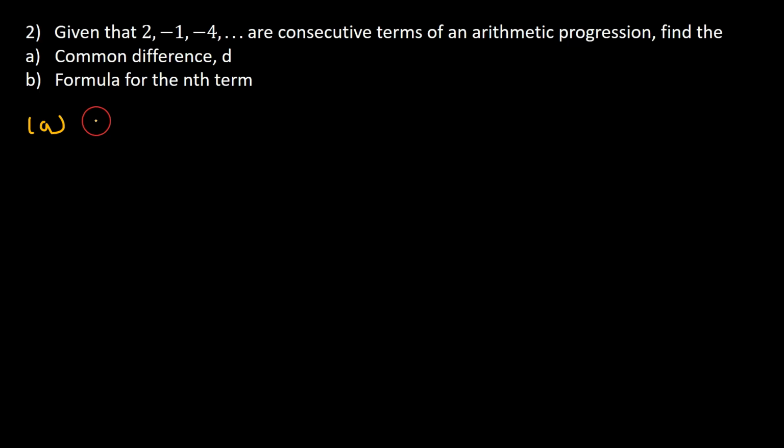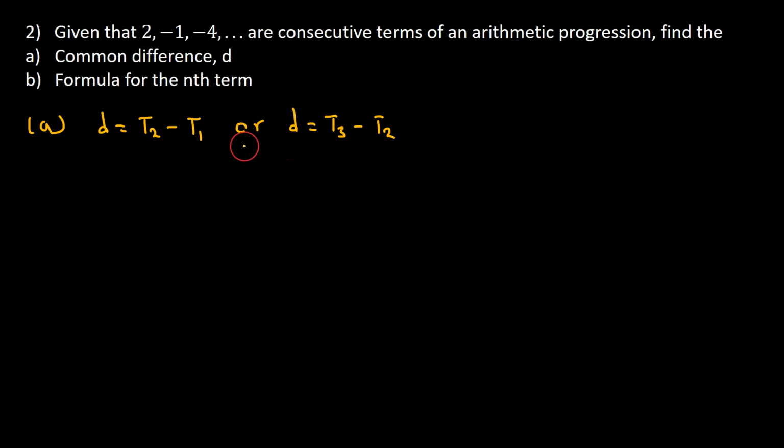So we can write d equals T2 minus T1, or the common difference can also be given by the third term minus the second term. Any of these can give us the common difference.